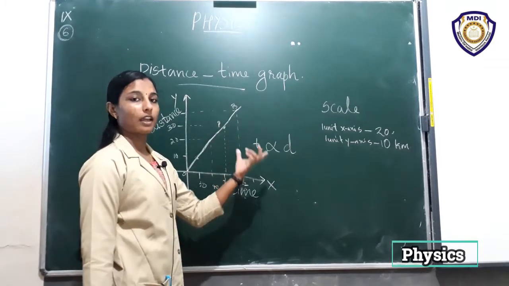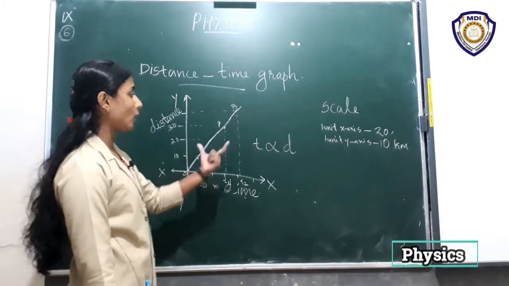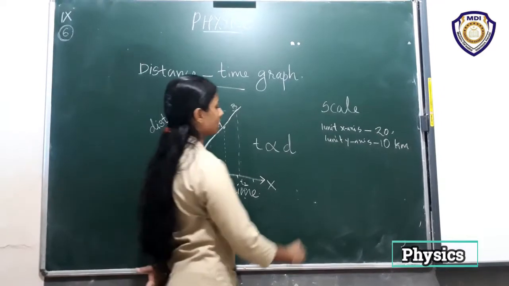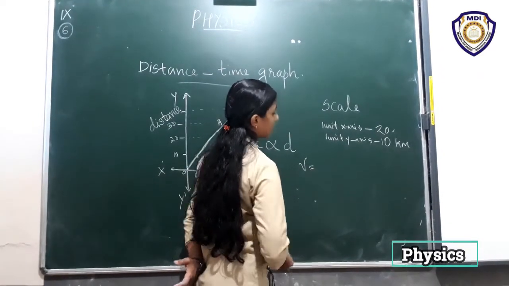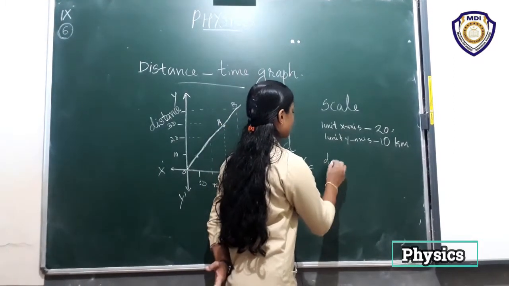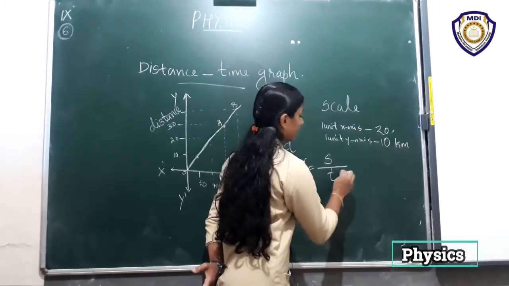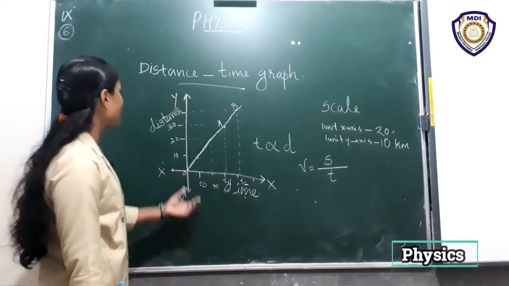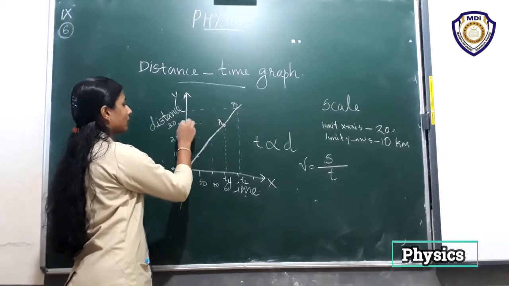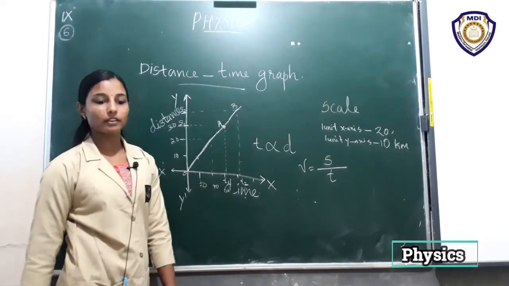And from the graph, we can calculate the speed of the object, right? How can we calculate it? Speed is equal to what? The distance s traveled divided by the time taken, right? So here the distance from here to here is s1 and to here is s2, right?